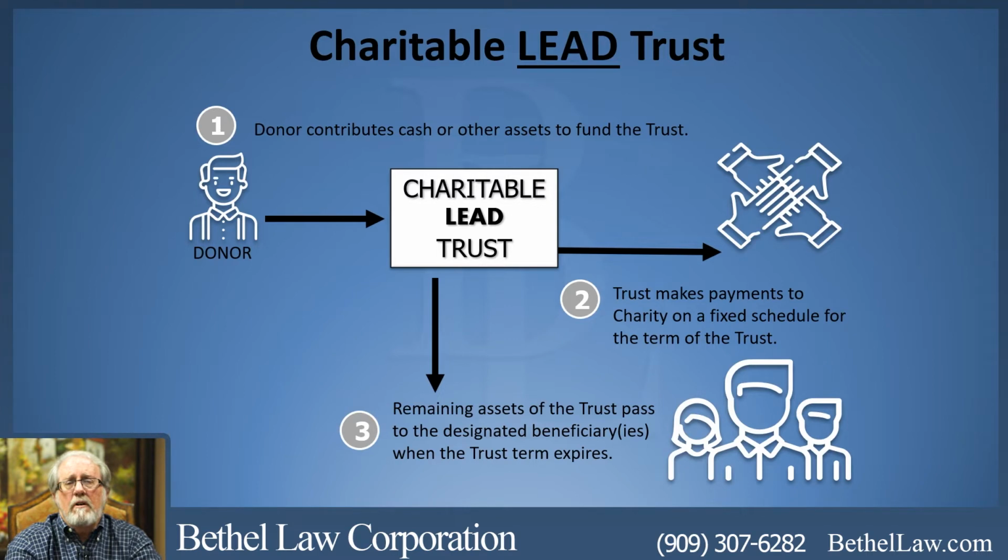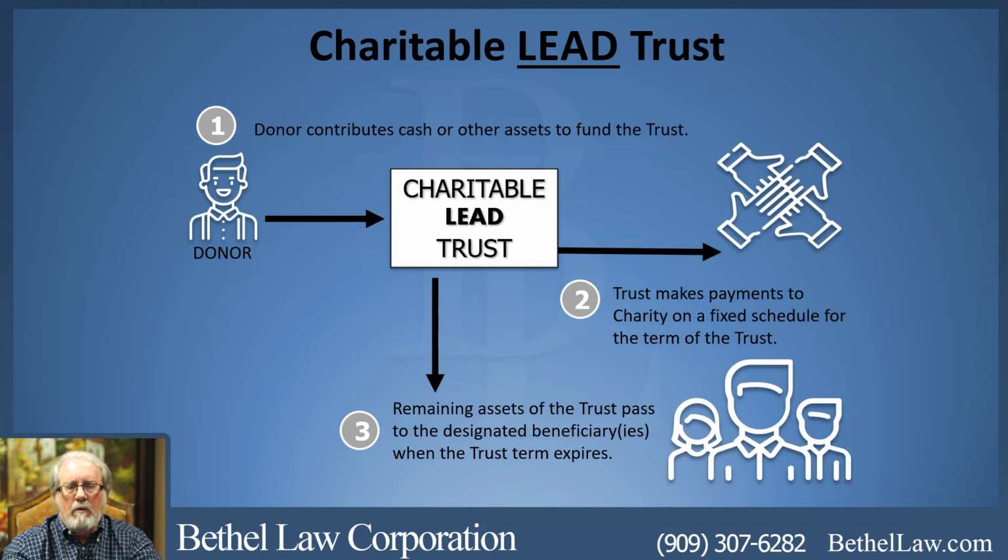But the beauty of the charitable lead trust is that the corpus, or the property that's actually put into the trust, is returned to the family at the end of the term. So in this case, again, the charitable lead trust is about providing an income stream to the charity throughout the term or the lifetime. And then at the end, the trust corpus returns right back to the family itself.